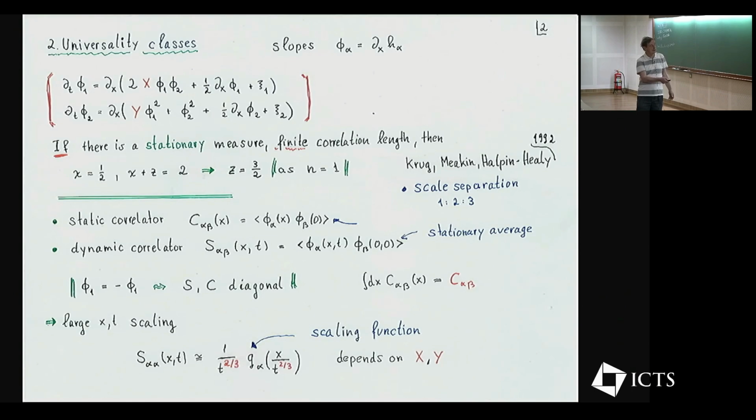This factor comes because the integral over x has to be equal to 1, so that's just the normalization, but it just depends on x over t to the 2/3. And again, of course, it's not like in the one component case where one can do a lot of computations, but anyway, you can imagine that there is this scaling function.